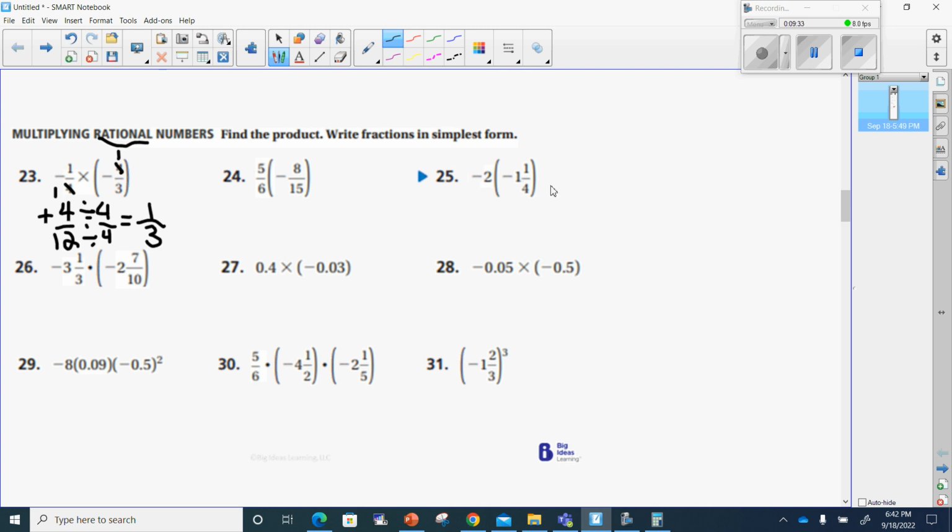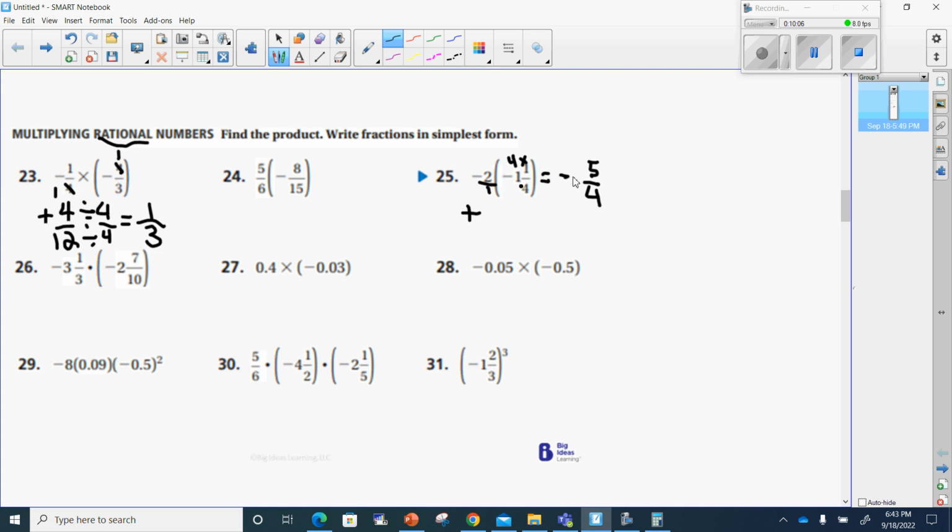Number 25, a negative times a negative, that's a positive. All right, I have to turn this into a fraction, and I'll have to turn this into an improper fraction by going around the world. 4 times 1 is 4, and 4 plus 1 is 5. So this is going to be turned to negative 5 over 4.